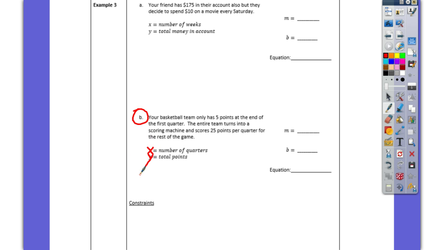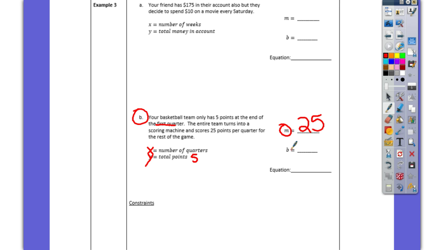What did we start with then? What's the total number of points we started with? 5. At the end of the first quarter, we had 5 points. And then X is going to be our number of quarters. But what is our rate of change? After 5 points, what did it change every quarter? The constant rate of change was 25.